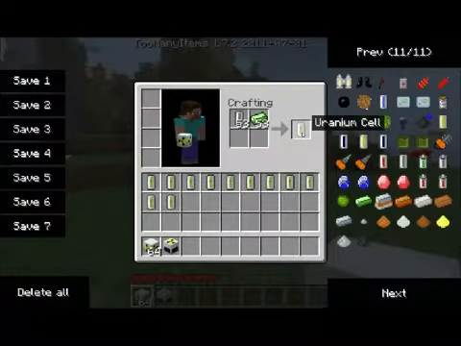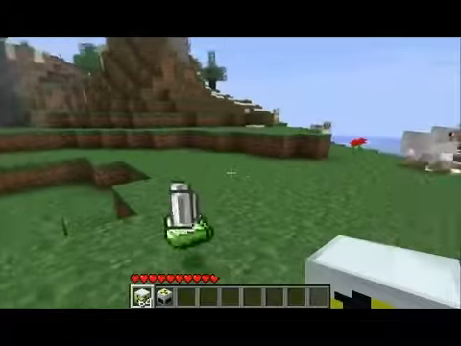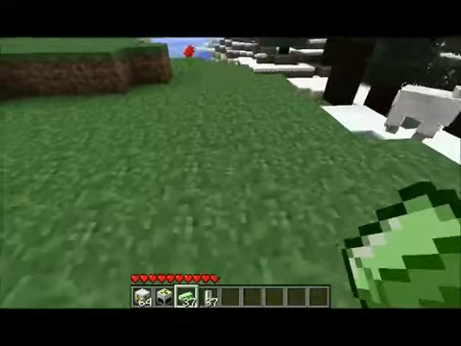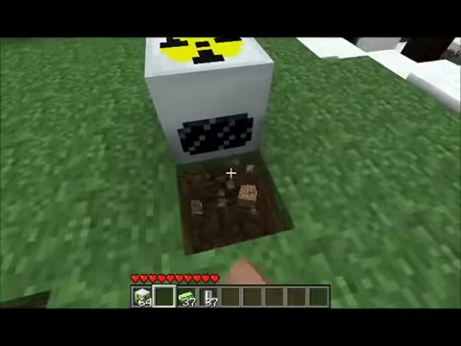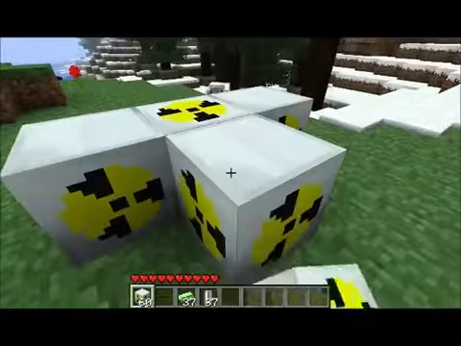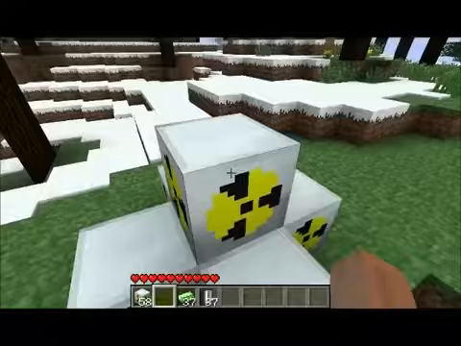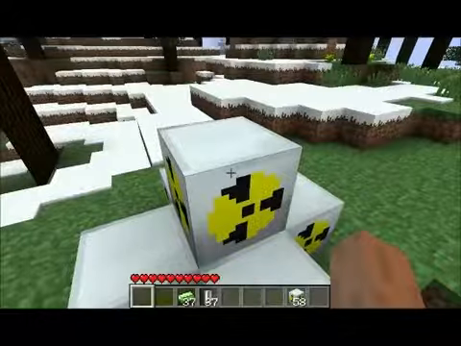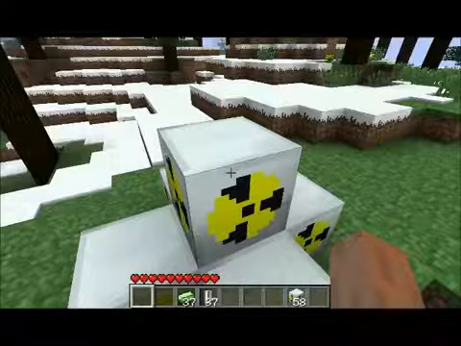Bunch of uranium cells. Lay down your reactor chamber there. Surround it. So this is what a fully fledged nuclear reactor looks like.